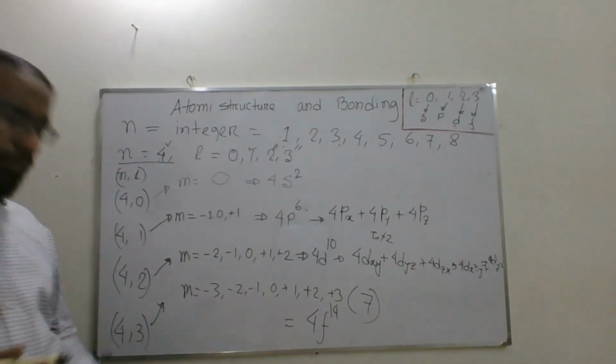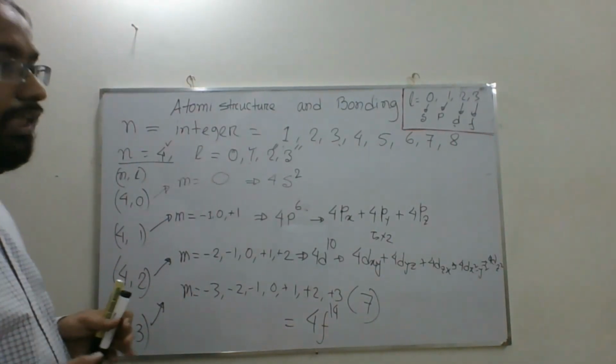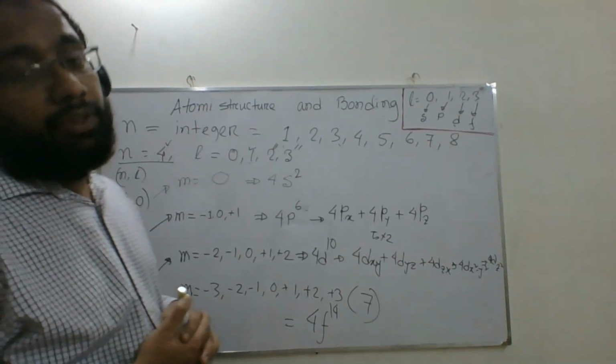So from this we can determine how many electrons each orbital can have.